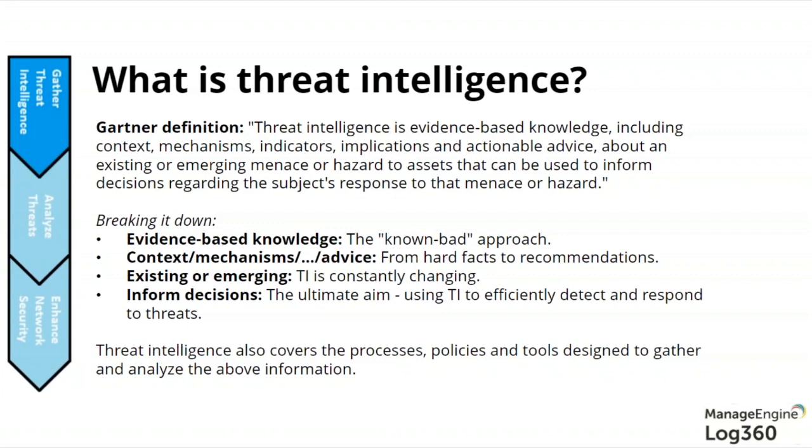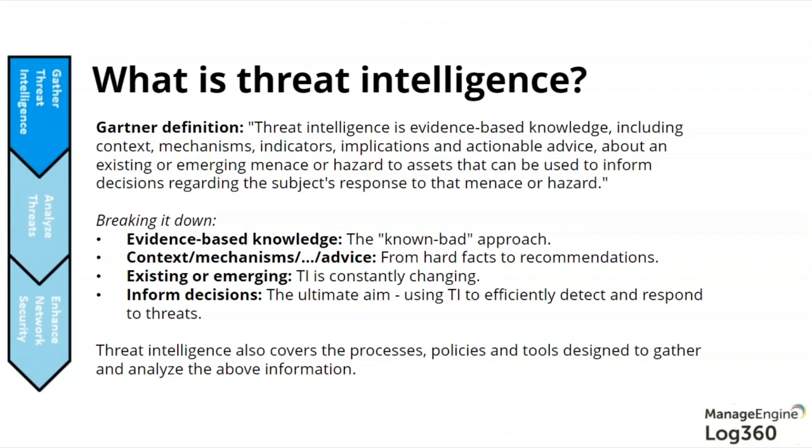Threat intelligence is evidence based knowledge, which includes context, mechanisms, indicators, implications, as well as actionable advice about either an existing or emerging menace or hazard to your assets that can then be used to inform decisions regarding your response to that particular menace or hazard. So, okay, that's a lot of words. Let's start by breaking this definition down.